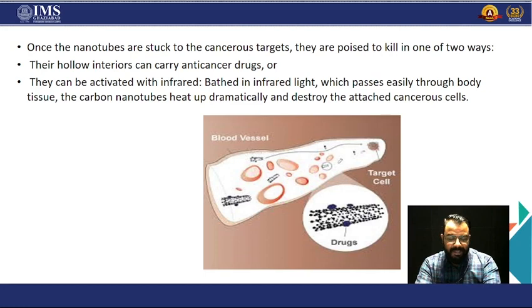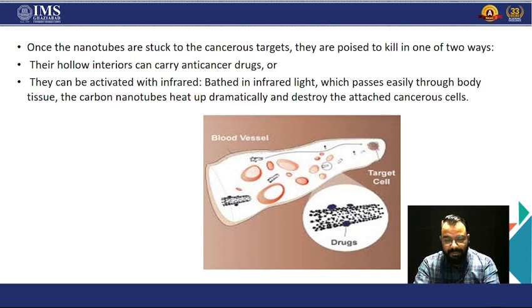When these CNTs having drug reach the specific cancerous cell or the targeted cell, there they release the specific drug attached to them. And if not attached with drugs, what happens? When we give infrared light, these nanotubes heat up and they destroy the attached cancerous cell.